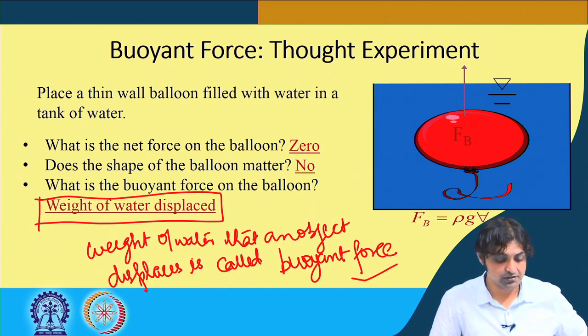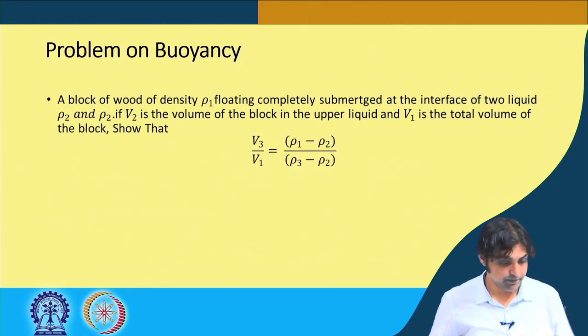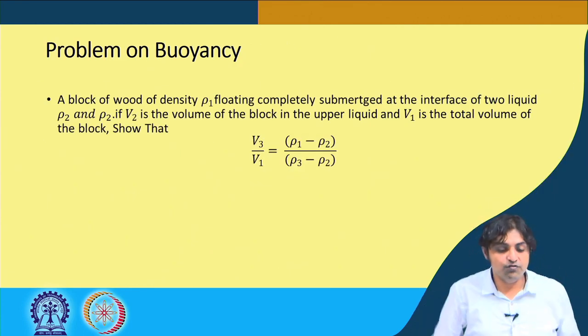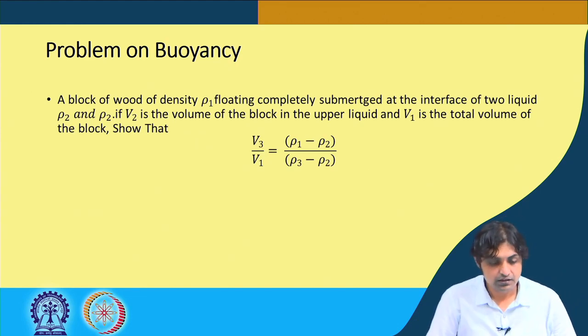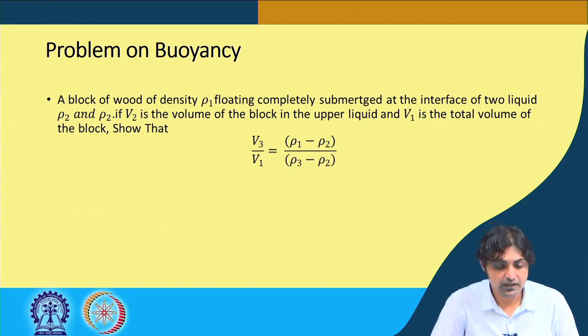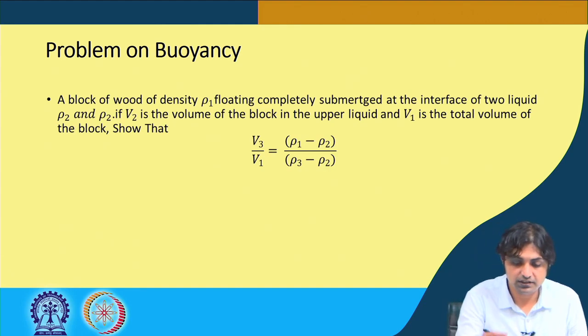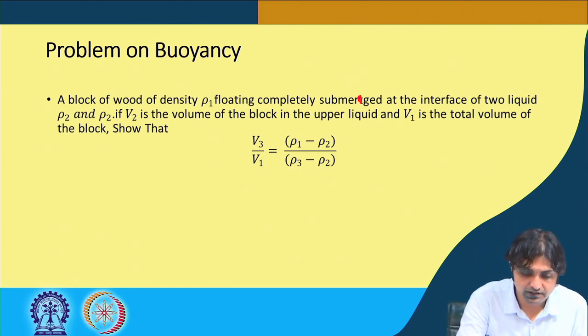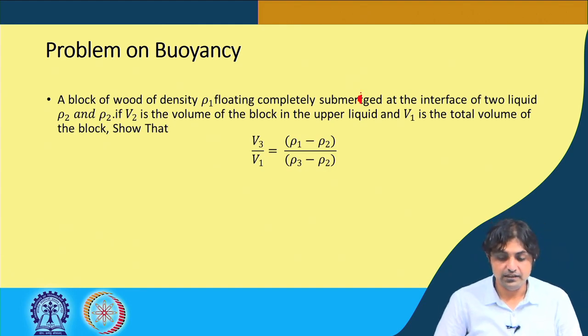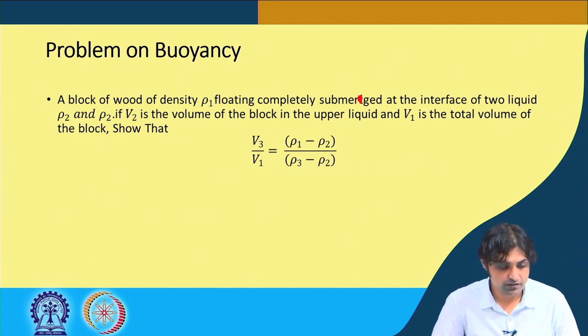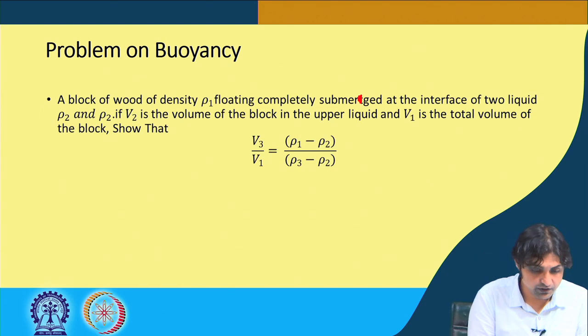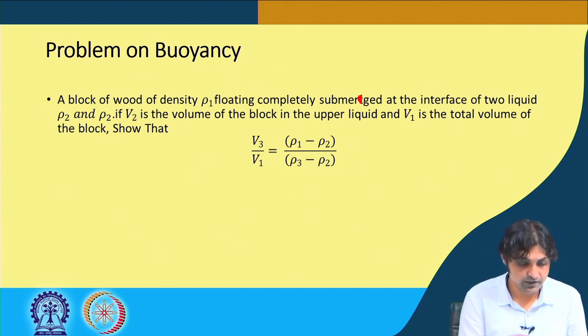So proceeding forward with this concept, what is buoyant force, we are going to solve a problem. It says a block of wood of density rho 1 is floating completely submerged at the interface of two liquids, rho 2 and rho 3.